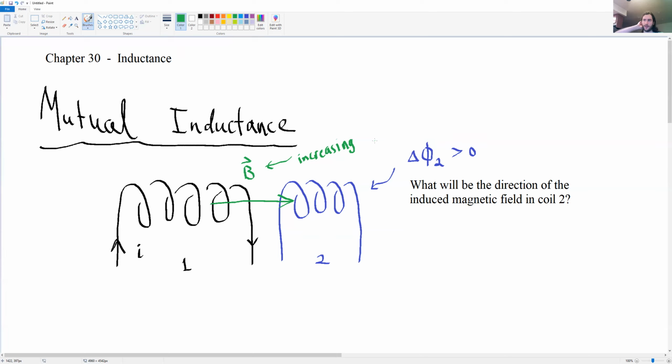What will be the direction of the induced magnetic field in coil 2? Okay, now we're starting to see some reasoning here. That's good. See if anybody has some counter arguments. Anybody want to change their answer?